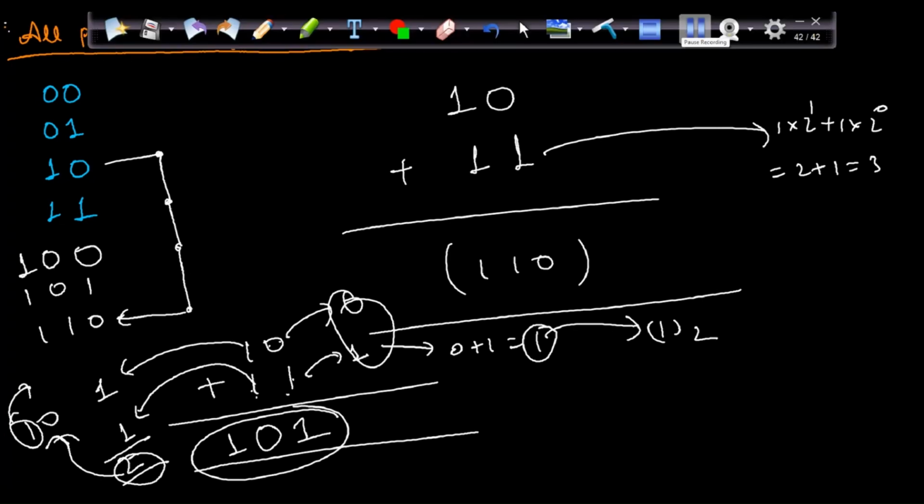When you have to add two numbers, what we are doing is finding the digits at each place of the result of the addition. And how are we finding? We are basically just adding the digits at the corresponding place of the numbers in the addition.